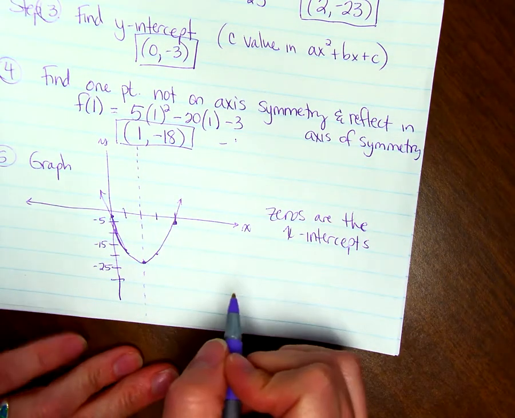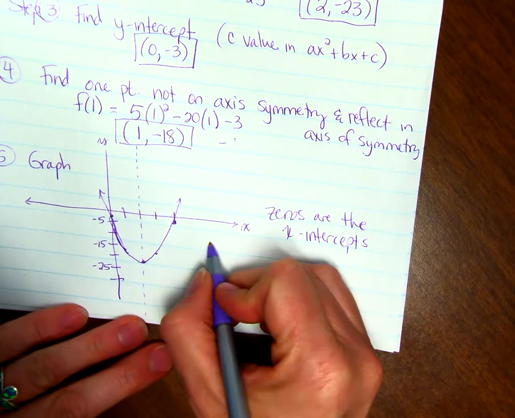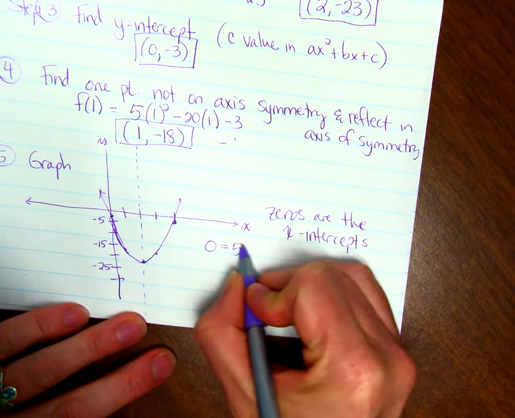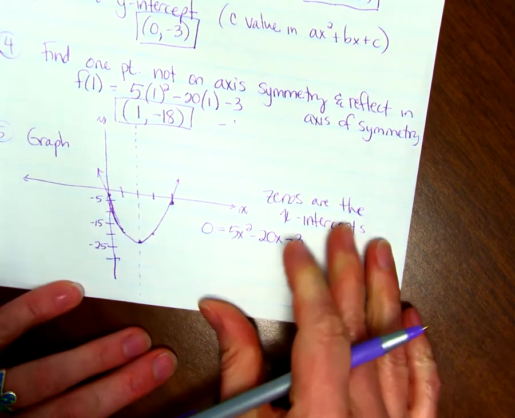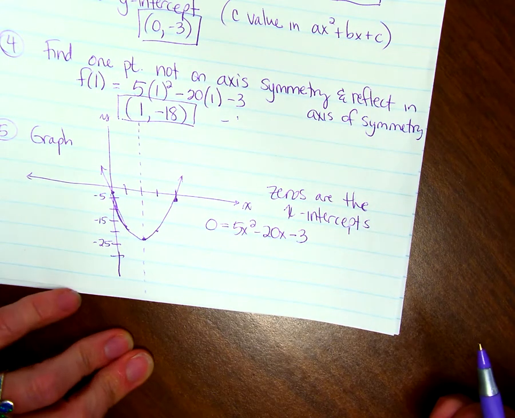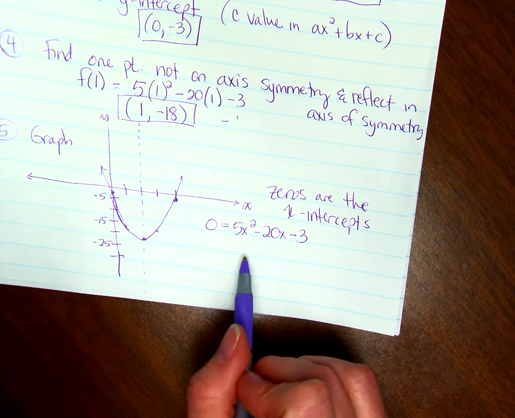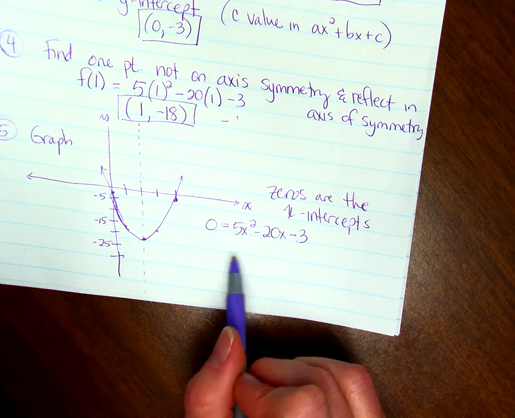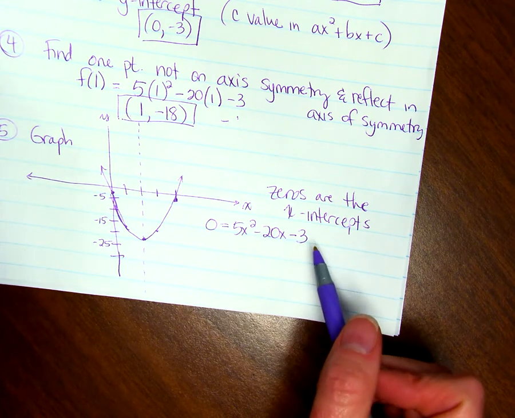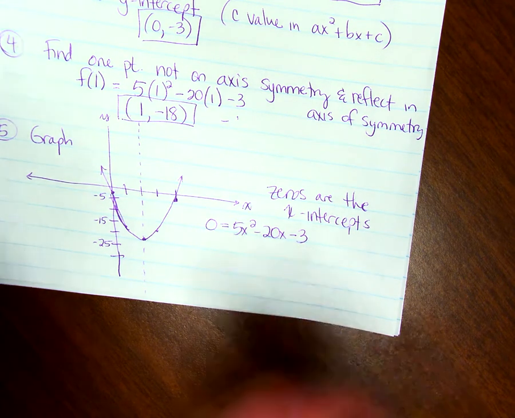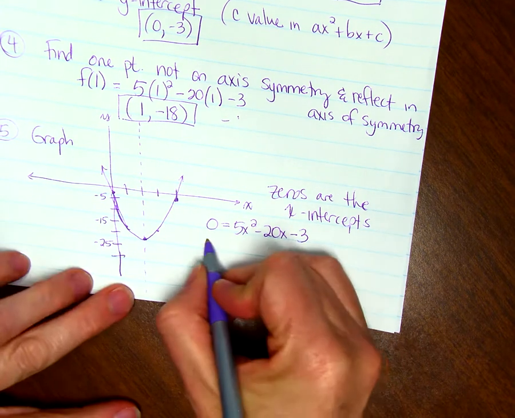For this one, we could plug in 0 for y. 0 equals 5x squared minus 20x minus 3. Does this factor? I'm not sure that it does. 5 times 3 is 15. No, that won't work. So let's use the quadratic formula.